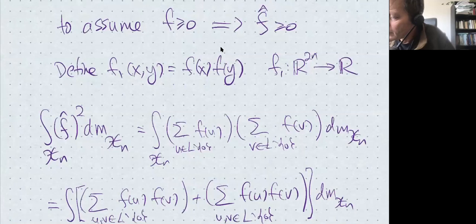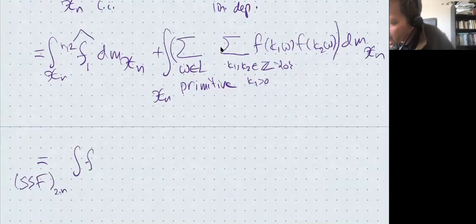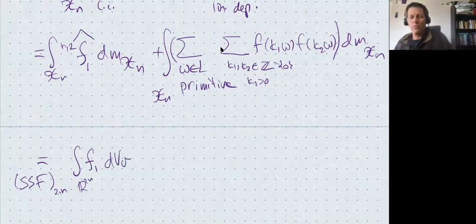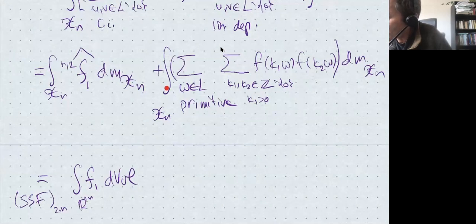Remember, f1 is this function. So that's f1 with respect to the volume measure on 2n-dimensional space. And this formula here, I'd like to upper bound by pulling out, replacing one of these elements by the sup norm of f.